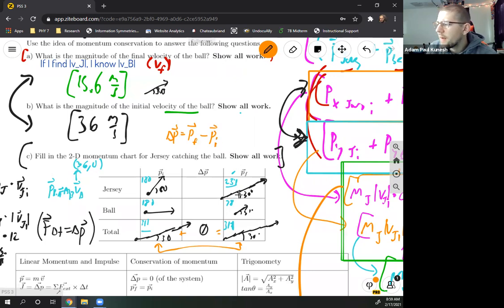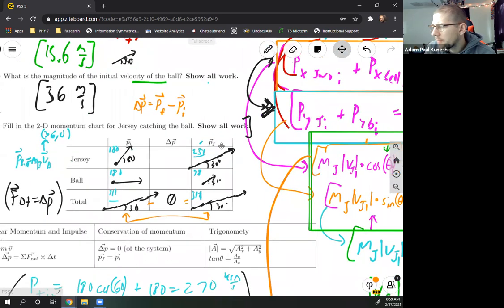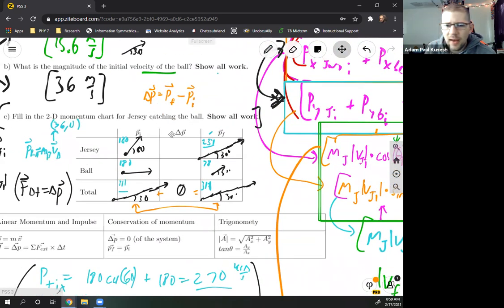And if I want to be precise about it, what I should do is definitely break it into components and subtract here. We've got a minute. Let's do this, and then we'll call it a day. So I'll do it in terms of actual components, just to be very precise. Doing it kind of visually here, I can tell that the vertical component of Jersey is going to decrease.